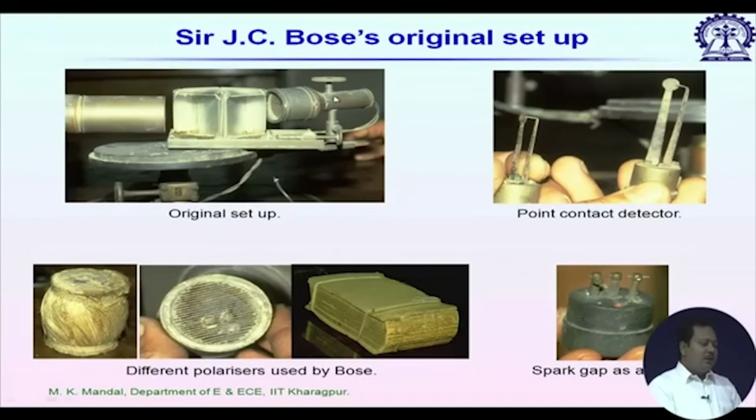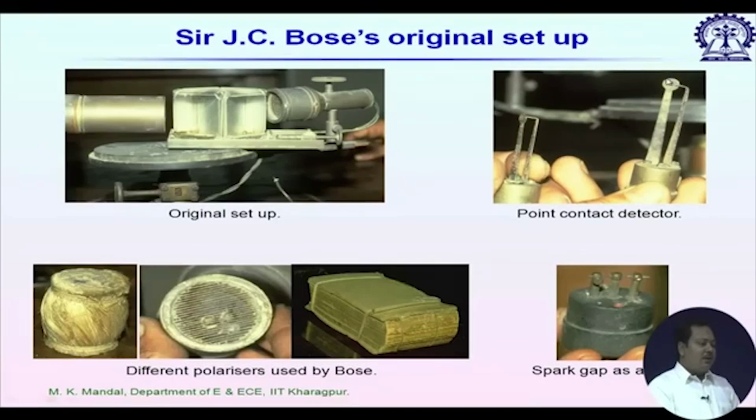At the receiver, you can see in the top right figure, we have a point contact detector. It is made of a metal needle, and the bottom side is a semiconductor material, galena, lead sulphide.